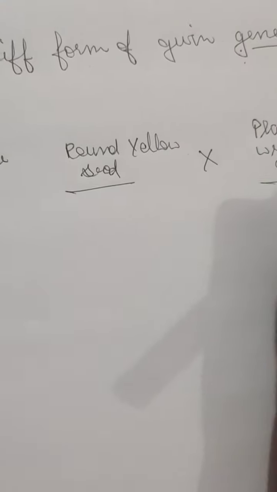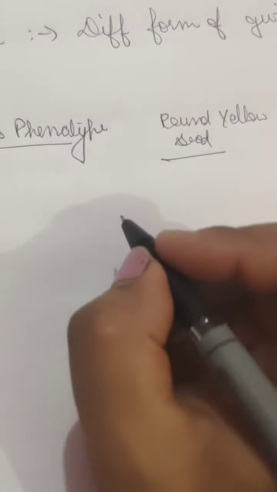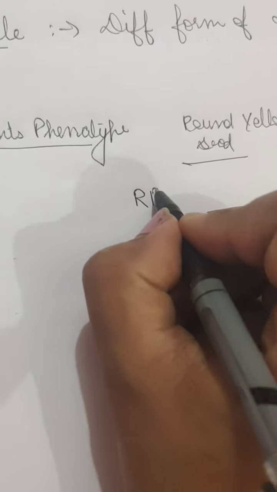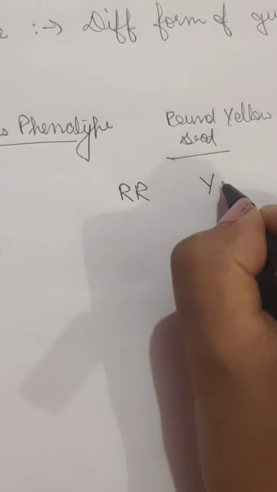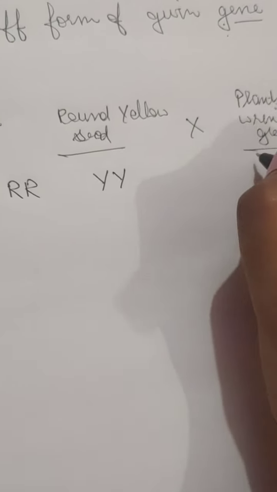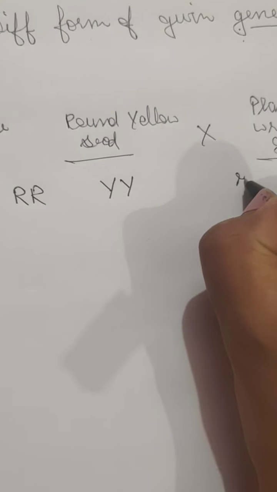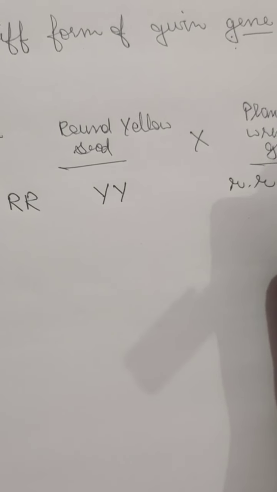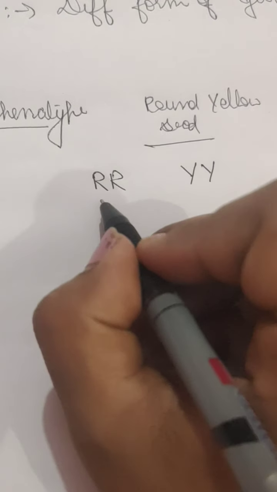This also we have done. Okay, so the factors of inheritance we have done already. It was R, and then Y and Y, and the recessive one was having small r and small y and small y. Okay, so here it will have a cross link.